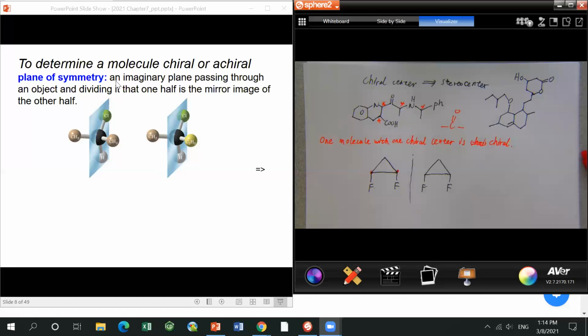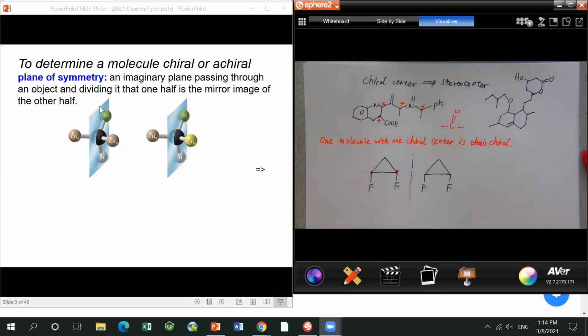If you can find this symmetry plane, the molecule will be achiral. If no matter how you rotate or flip the molecule you cannot find such a symmetry plane, this molecule will be chiral.